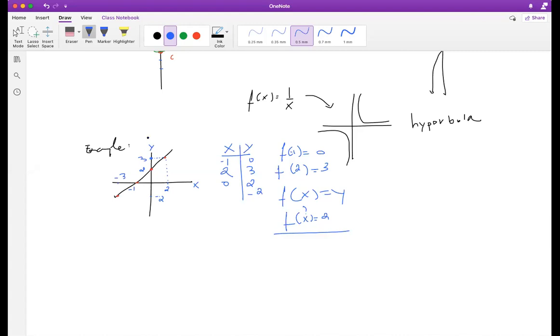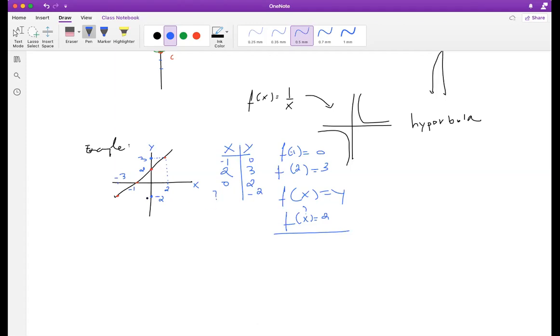So you find the y first on this axis. For this graph, if y is -2, what's the x?